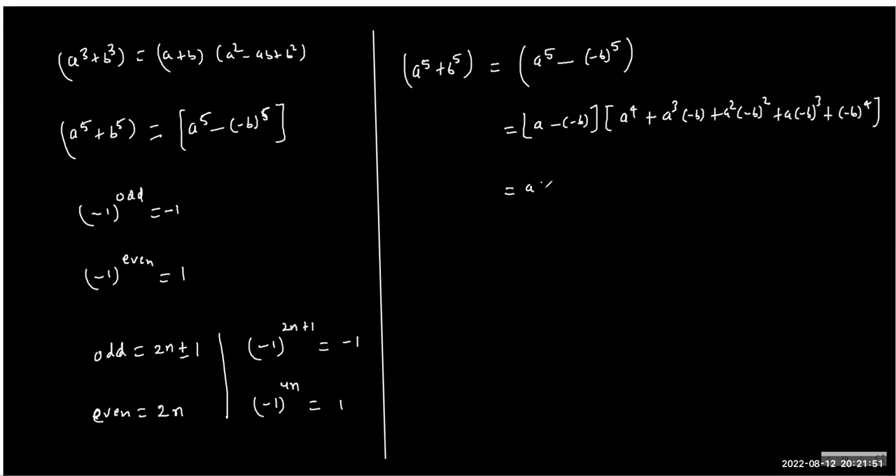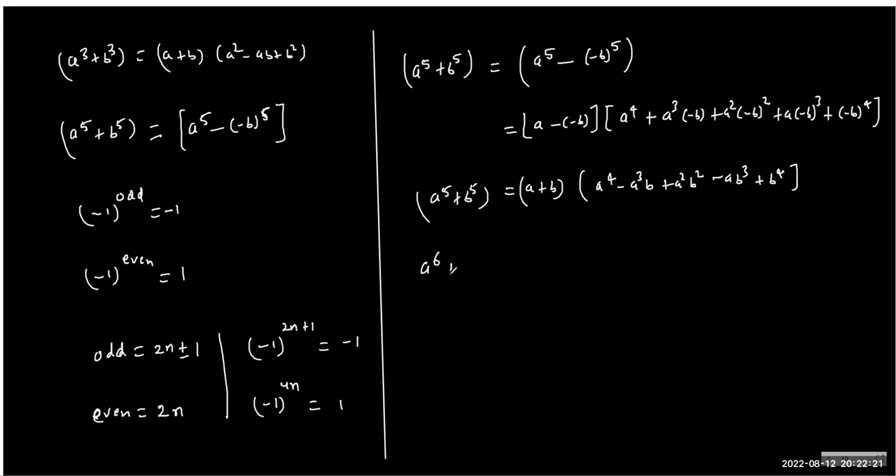So if you look carefully, this turns out to be a plus b into a power 4 minus a cube b plus a square b square minus a b cube plus b power 4, which means every term with odd power of b will be negative, and every term with even power of b will be positive.